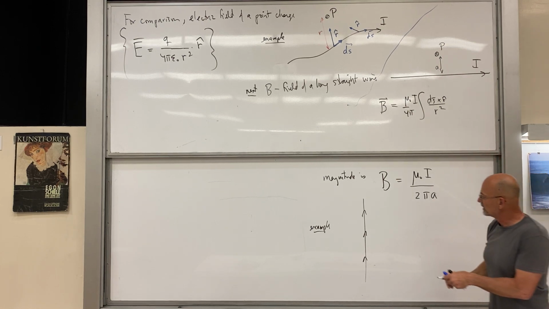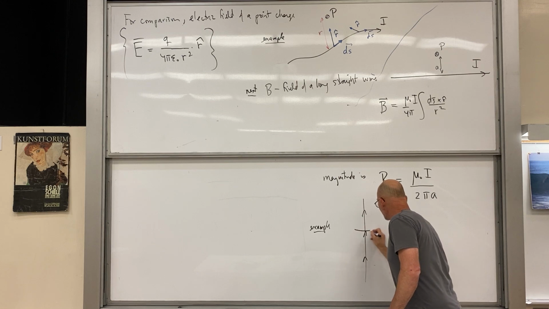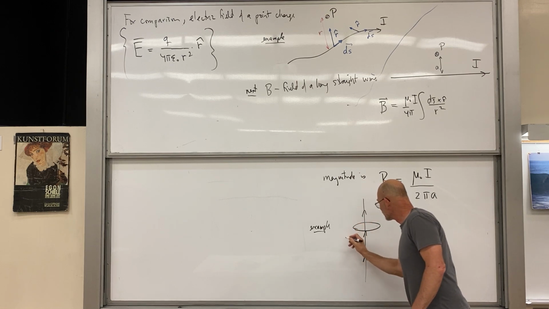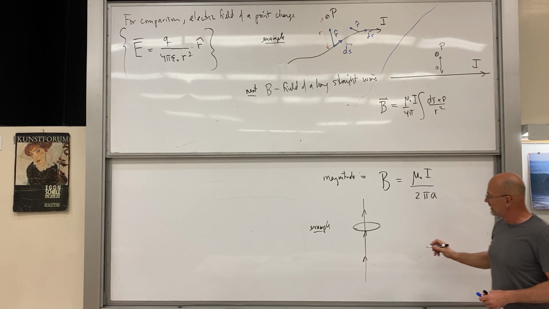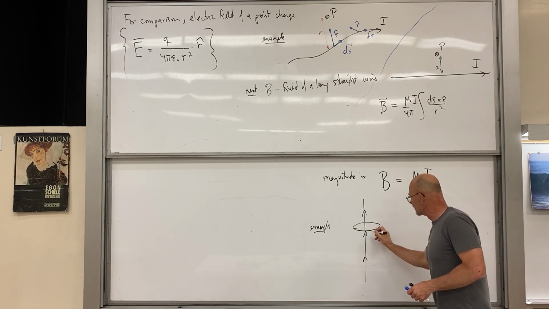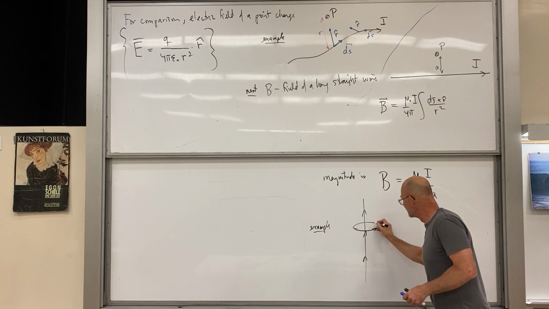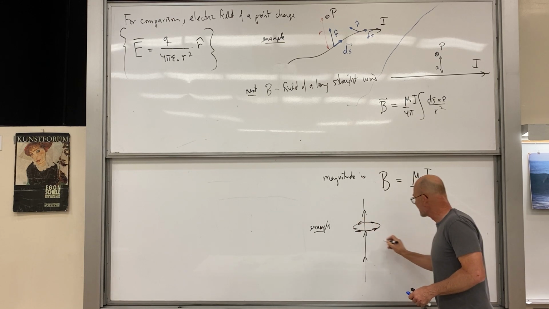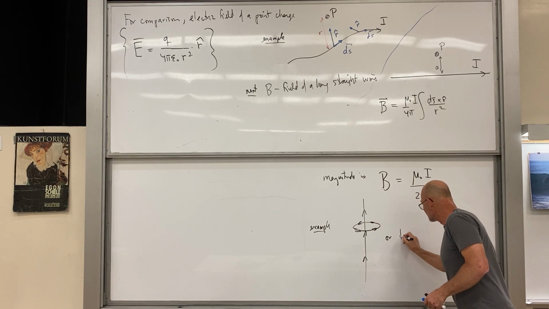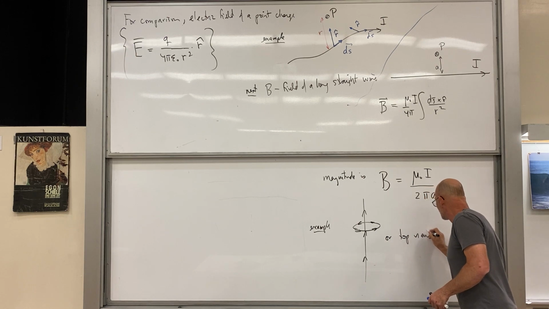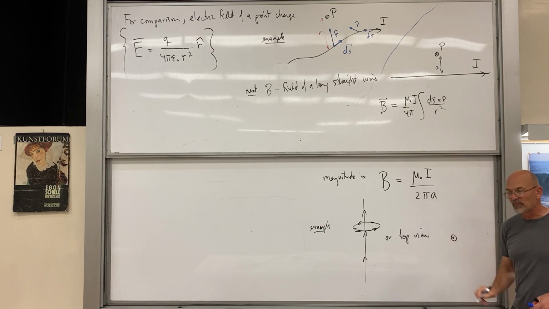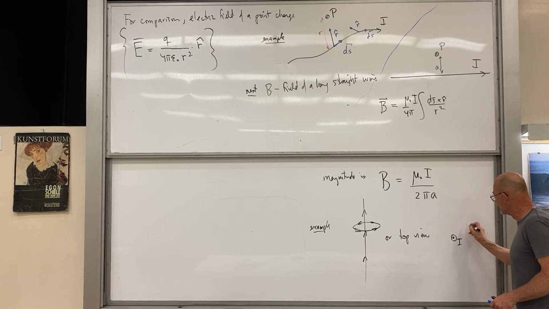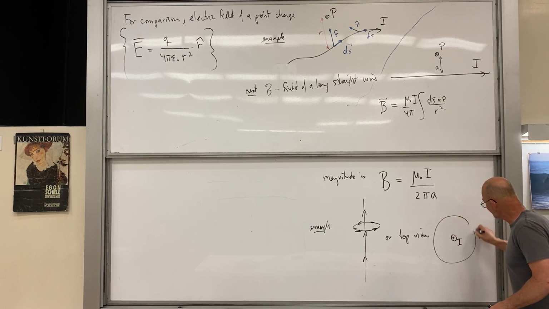So if you look at it in this way, you're going to see that there are circular B fields with the direction like that, or let's do a top view. So the top view, we would have the current coming out of the board, that's I, and we would have these B fields going in circles.